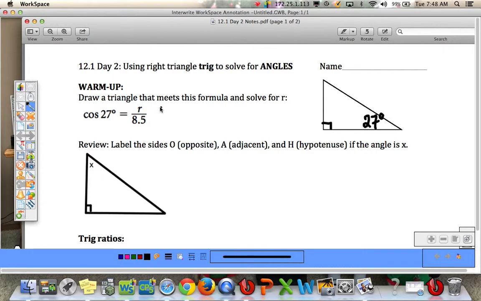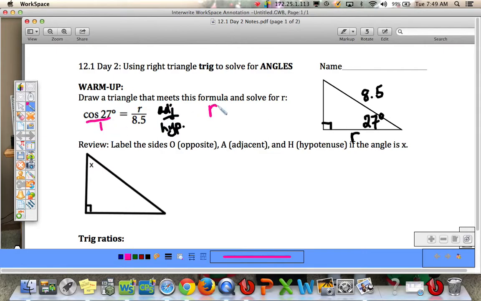And cosine is adjacent over hypotenuse from SOHCAHTOA. The hypotenuse is the longest side across from the 90, so there's where that goes. So the adjacent side is the other side next to our angle, so this will be r. So there's a picture for the equation, and we can cross multiply and solve.